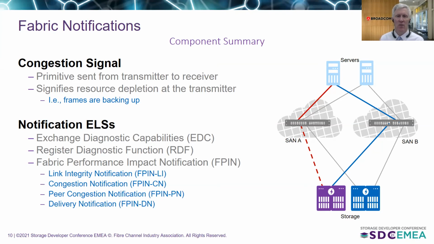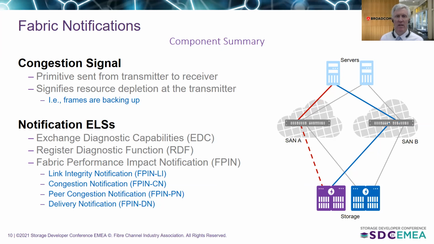Secondly, there are notification ELSs that are used to, one, exchange the diagnostic capabilities between endpoints of a link; two, register their participation in the fabric notifications functionality; and three, notify the registered participants of particular events that are causing fabric performance impacts.